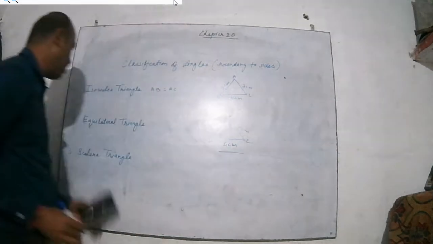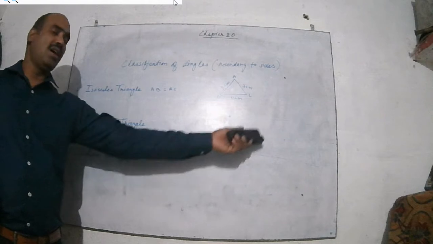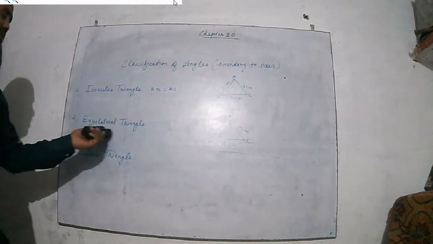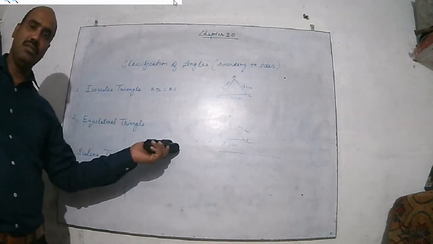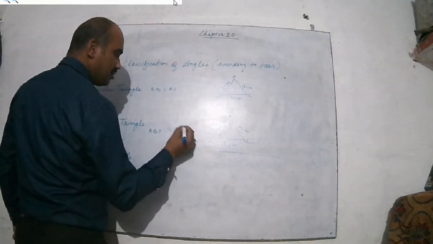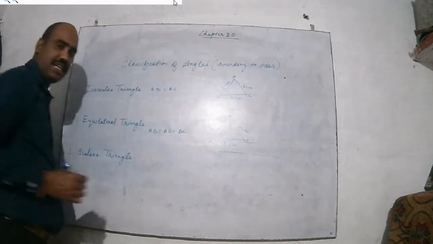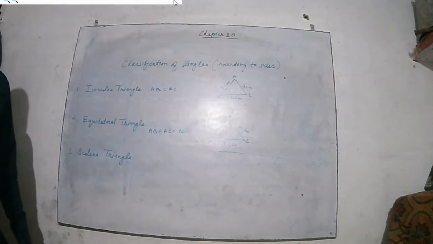All sides are equal. If this type of situation is there where all sides are equal, then you say that this is an equilateral triangle. Here you say that AB is equal to AC is equal to BC. All sides are equal. It is clear?